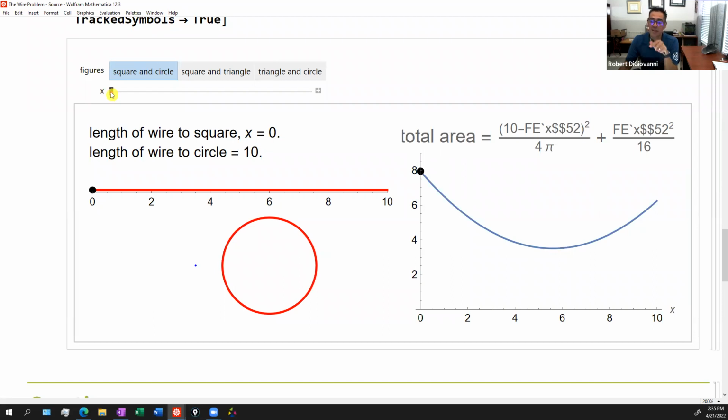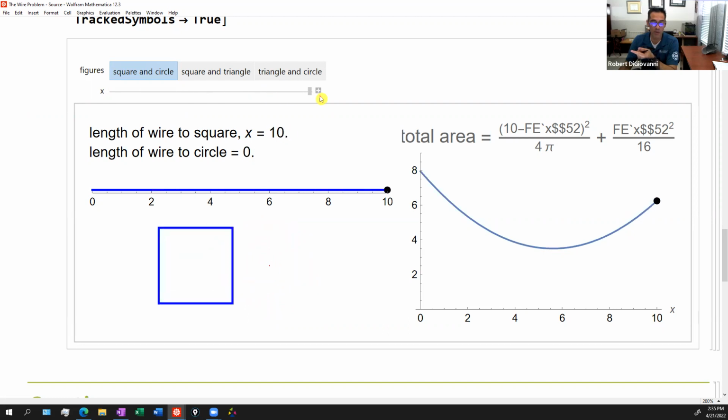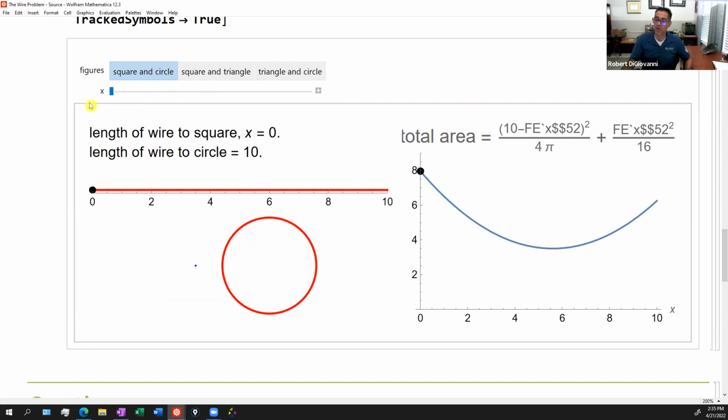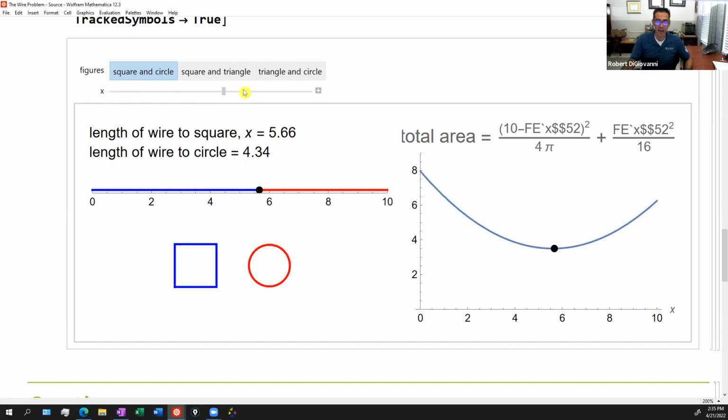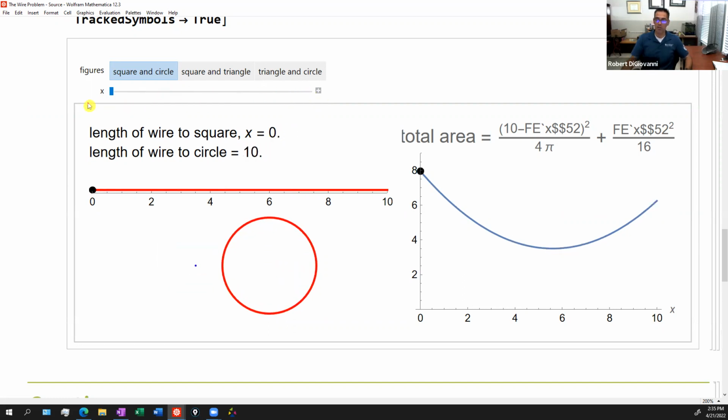Now, why does this convince you that a circle is better than a square? Because we compared it to the other extreme, which would be this extreme, right? That extreme is using the same wire for all square versus the same wire for all circle. And we looked at every variation in between, and we said the best way is this. You get the most area if you do it like that.